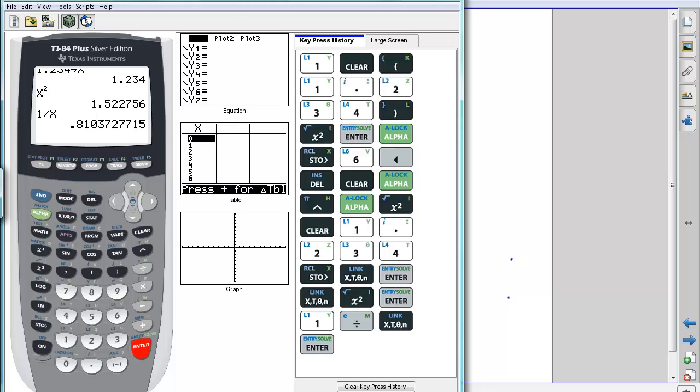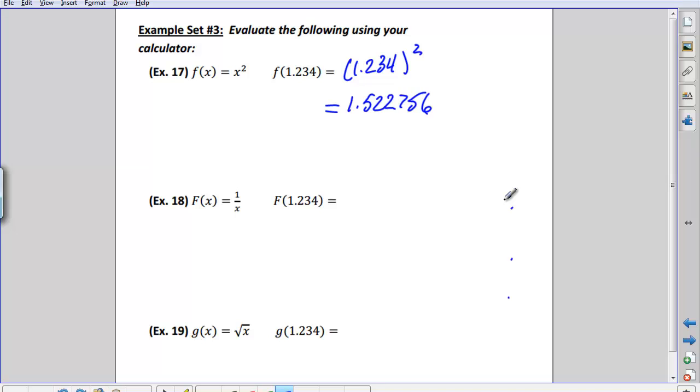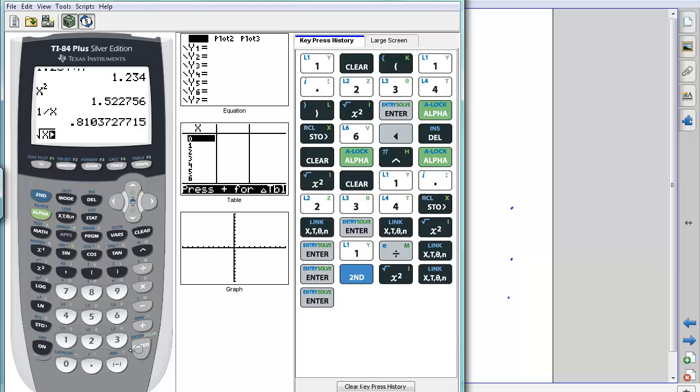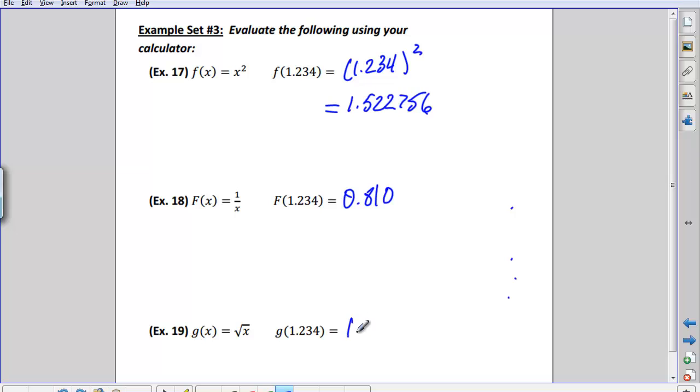For the next one, that's 0.810. And if I want the square root of x, it's 1.1111. So I can reuse that in any different function.